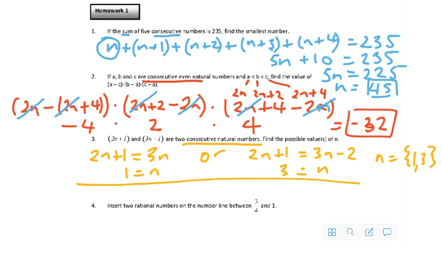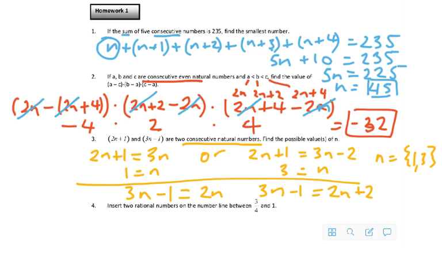We could have started with 3n minus 1, and said, okay, that can be 1 less than 2n plus 1, which would be 2n, and we should be able to see that that does give n equal 1. Or we could say 3n minus 1 could be equal to 1 higher than that, so 2n plus 2, and again we should see that we get the same result.